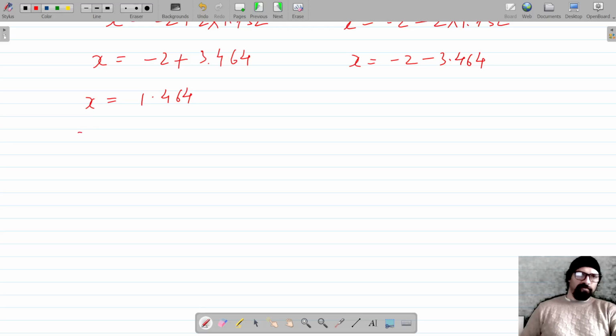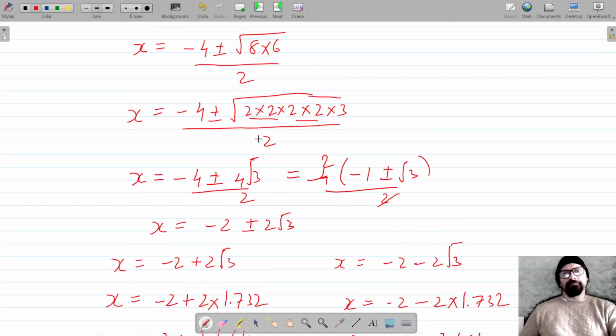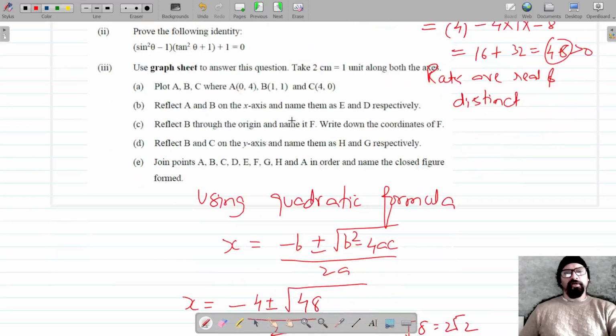And we have to give the answer correct to one decimal place.